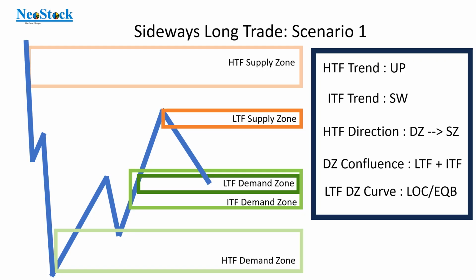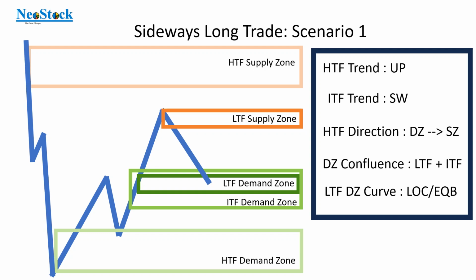Do you remember you learned checklist items in lesson 20? But in lesson 20 checklist items, there are some changes, because the lesson 20 checklist items are for bullish and bearish trade setup. But remember, this is a sideways trade setup. In a sideways trade setup, a couple of checklist items will be changed slightly.